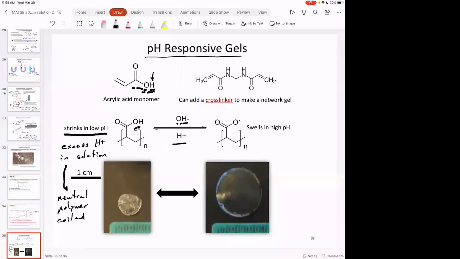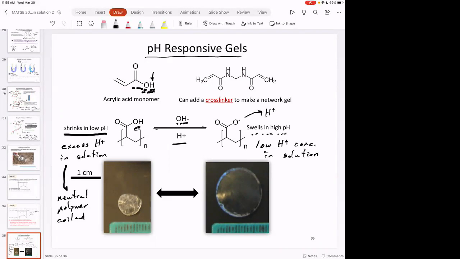As we go to high pH, we've got low H plus concentration in solution. And if we have low proton concentration in solution, that means that this proton is free to dissociate. And so now we have a dissociated polyelectrolyte.